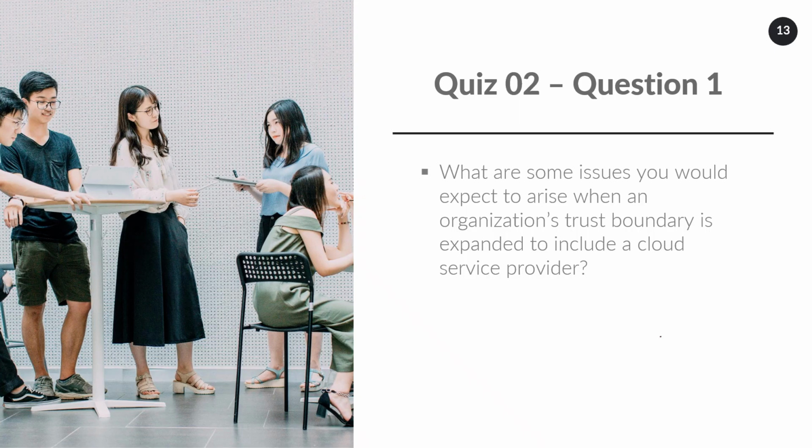What we've discussed about trust boundary, okay? An organization has its own boundary where it has its own IT resources, but it uses a cloud. It has to expand the boundary to include the cloud. What are some issues that may arise from that expansion? Just let me know, okay? There will be more questions.